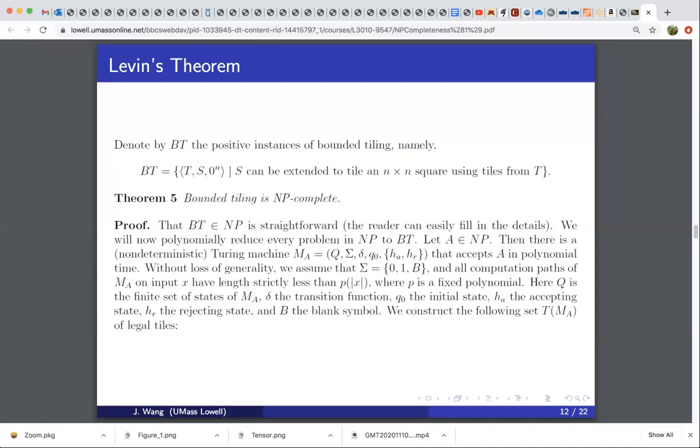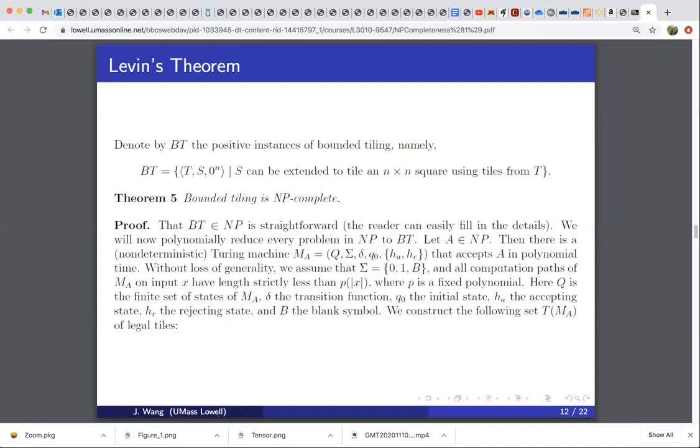Now, because we need these things, we write it up: finite set of states, finite set of tape symbols, transition function, Q0, and two halting states, accept and reject, that accepts A in polynomial time.